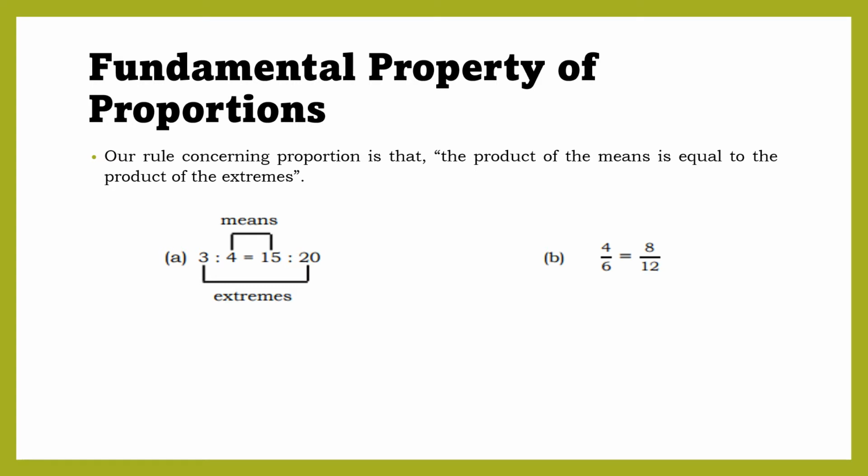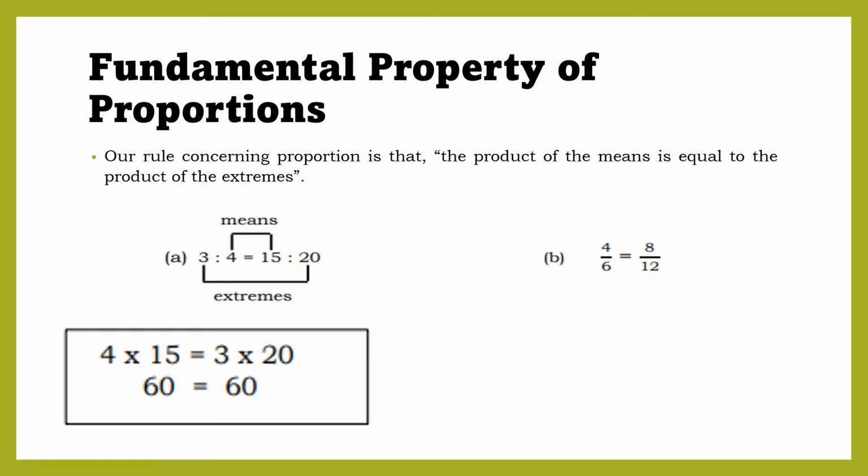How come? Let's see this. For letter A, let us multiply the means. 4 times 15 is 60, and our extremes, 3 times 20, is also 60. That's why these two ratios are a proportion.